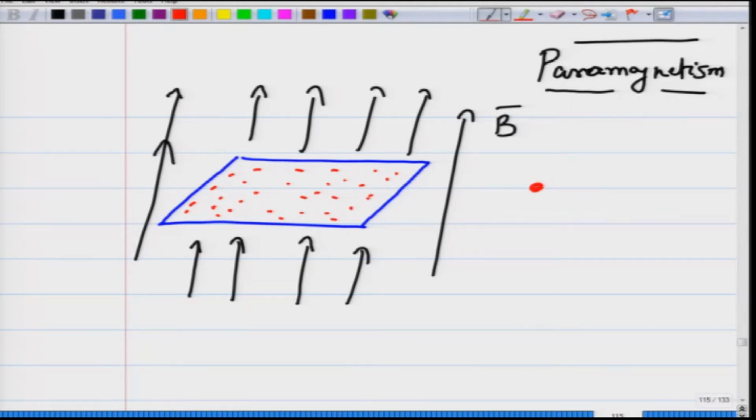If you recall from your studies of quantum mechanics, each electron has a spin associated with it, which can be pointing up or down, and along with this spin you also have a magnetic moment.